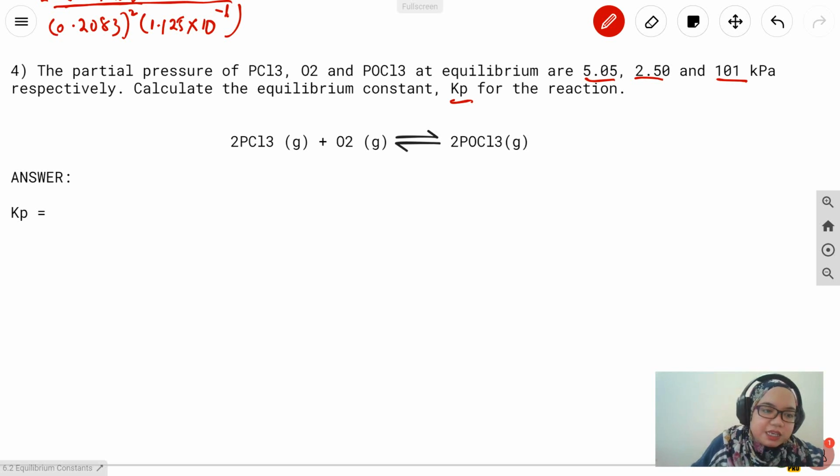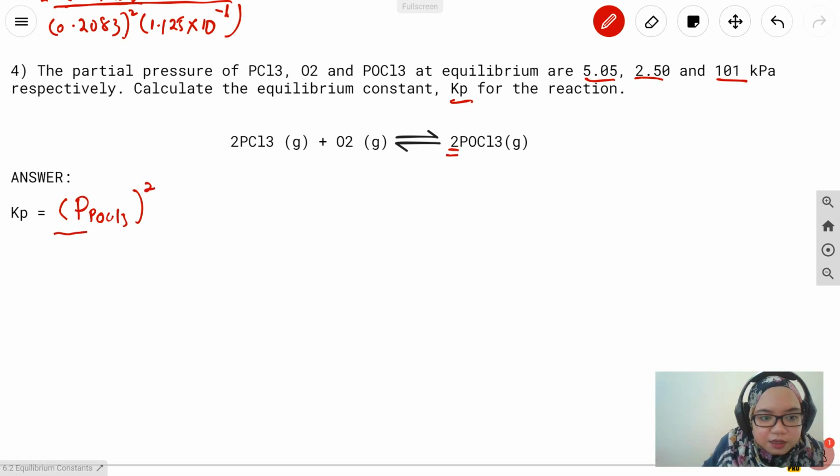We know that the expression for the equilibrium constant in terms of partial pressure is products over reactants. So the partial pressure of POCl3 to the power of 2, divided by the partial pressure of PCl3 to the power of 2 times the partial pressure of oxygen.